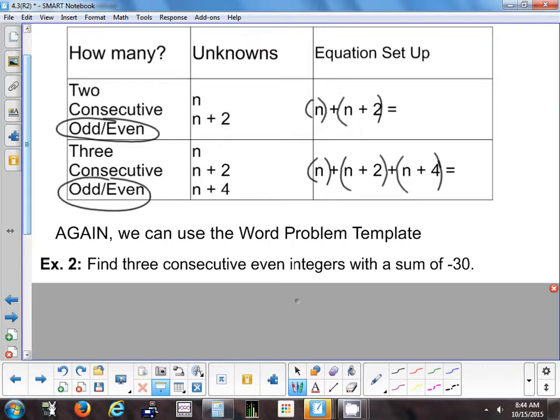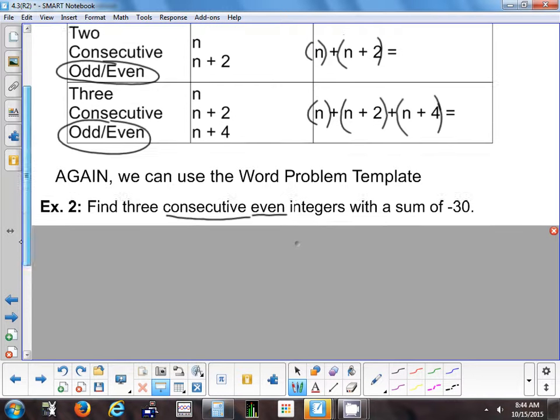All right, so I'm looking at this one. I see the word consecutive, even. Because it's asking a question about consecutive even, am I thinking +1s or +2s? +2. You got that extra word there, even, so +2s.